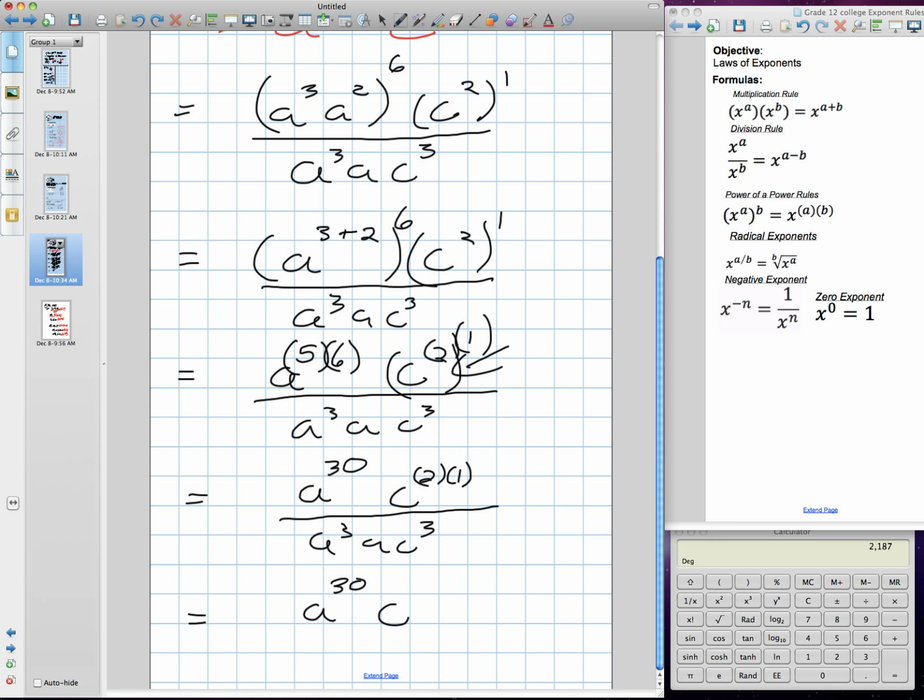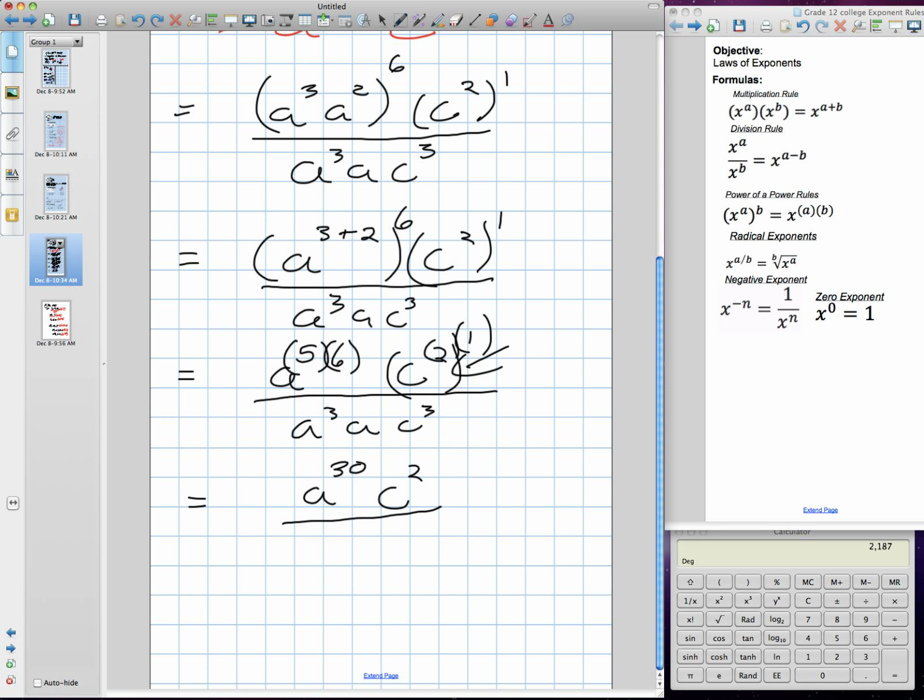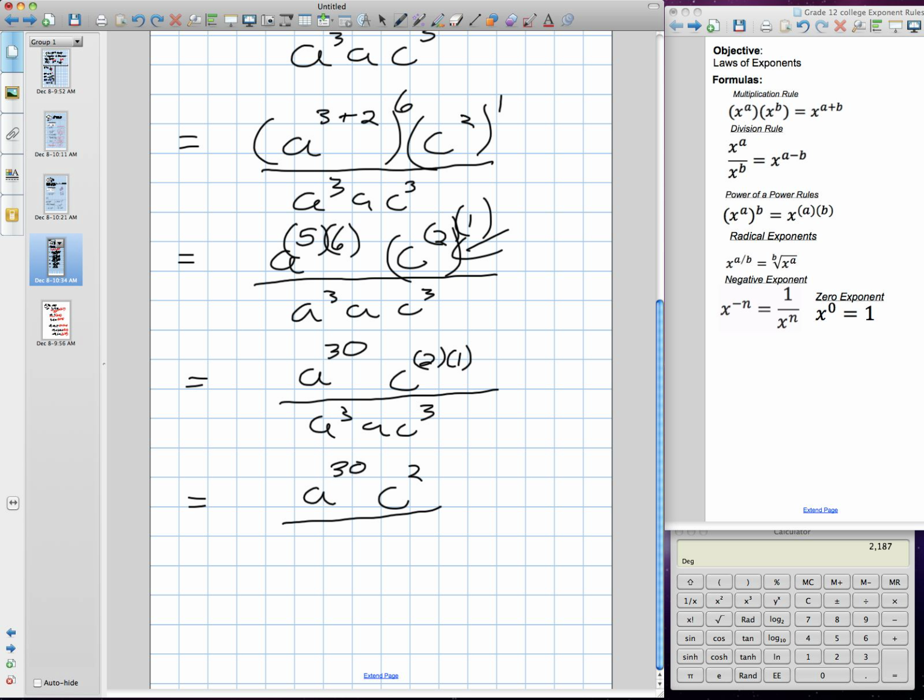Now, on the bottom of the fraction, we're going to work with our A's again. I have A to the power of 3 times A. What exponent is this A technically to? 1. That's right, good. So this is to the power of 1 technically. In order to simplify that, again, that's a multiplication rule. That means we're going to add our two exponents together at the bottom.